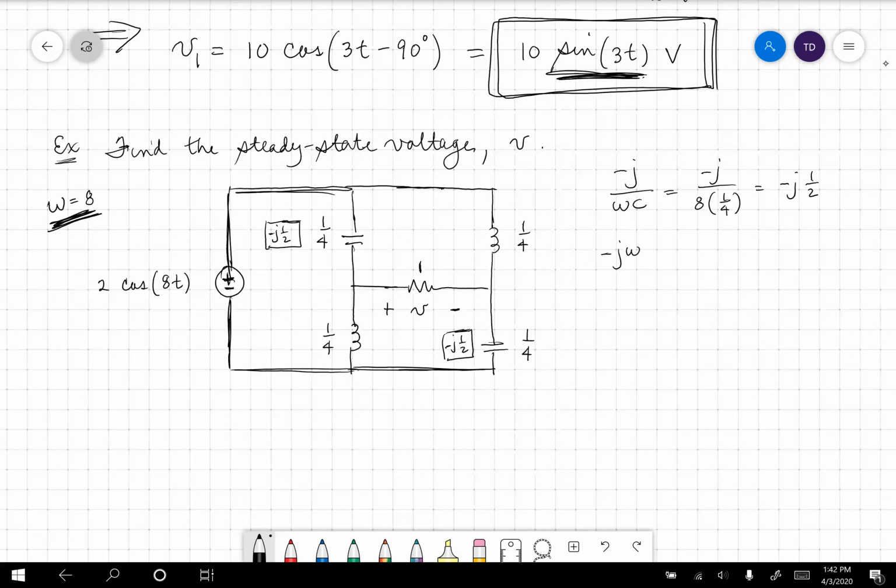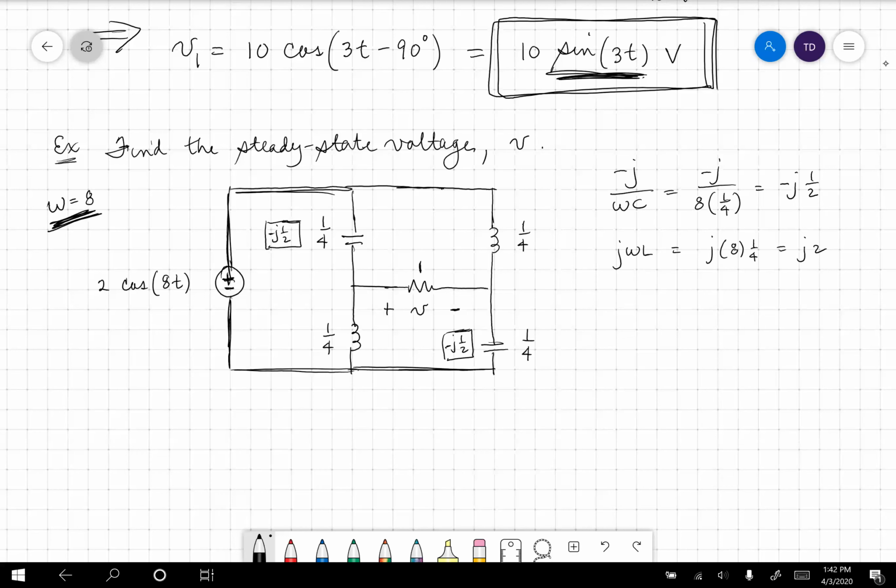Minus J omega L is equal to minus J times 8/4. And both of those are not minus. I don't know where the minus came from. These 2-hour lectures are getting long. It's just J omega L, and so that's going to be J2.